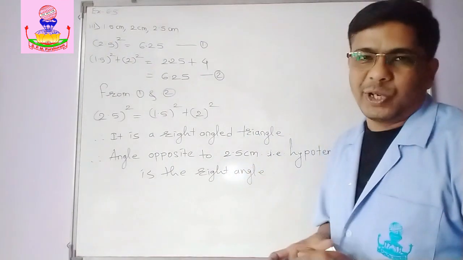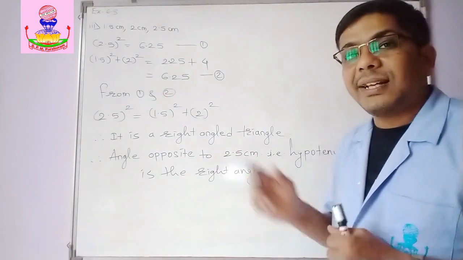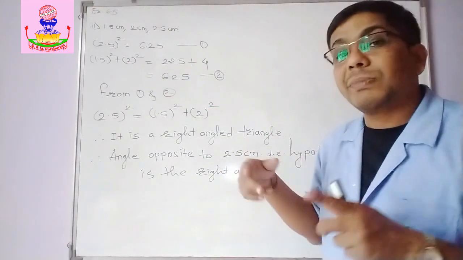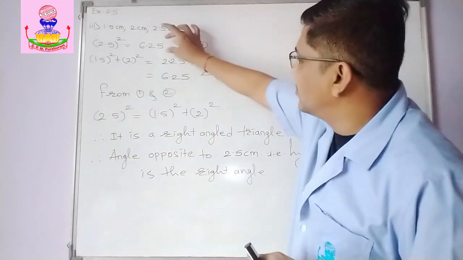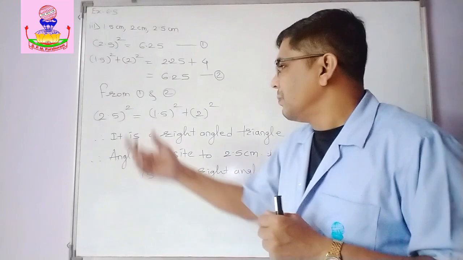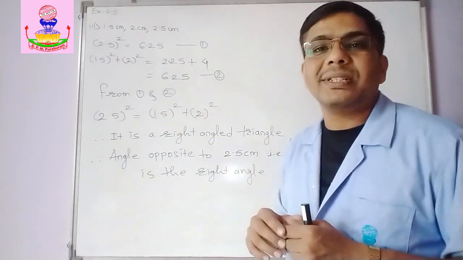Now one more thing. In both examples I have got these equal. In some cases you may not get it, meaning this sum may not be equal to that sum. In that case you will say that 2.5 square is not equal to 1.5 square plus 2 square.